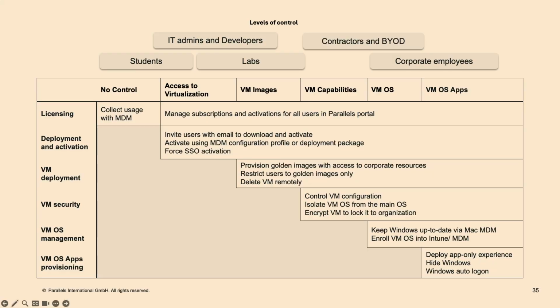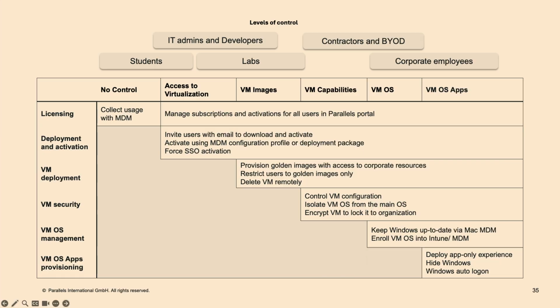So let's recap. Now this table should make more sense to you. We have covered multiple options in the presentation, and you have the big picture here again. We have discussed both simplification and security of virtual machines and management of virtual machines.